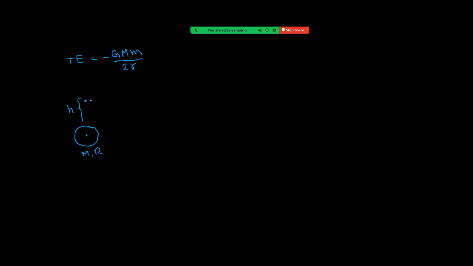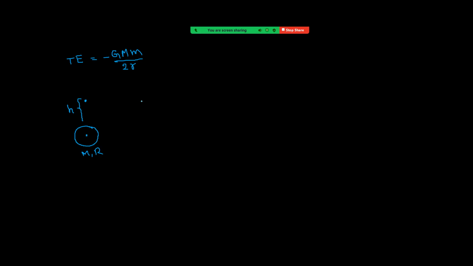See, what do you mean by zero? Total energy zero means it is no more bounded to this planet, means it is now escaping from the gravitational force of this planet. The meaning of total energy becoming zero, or we can say total energy becoming positive.